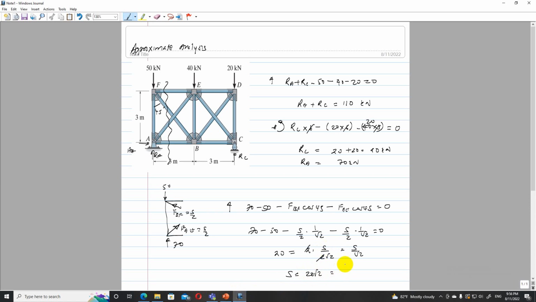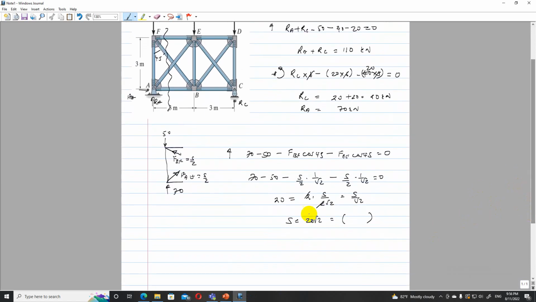So that's going to be the shear force value, and from that we can find BF as S over 2, so that is 10 root 2, and AE is equal to another 10 root 2. Okay, so this is a method to solve this problem.